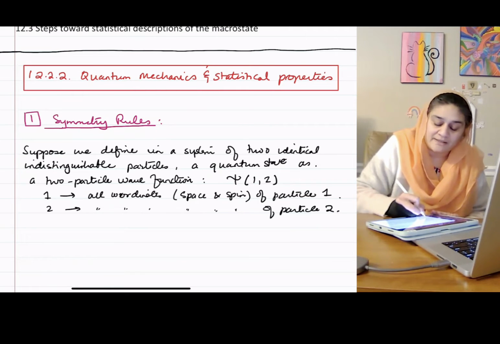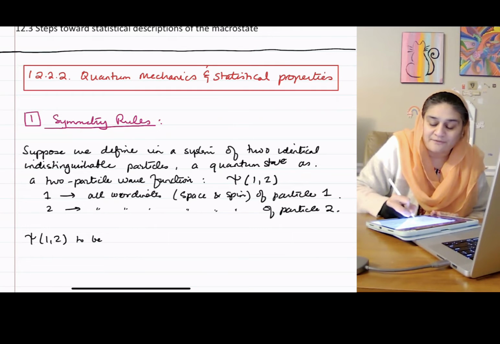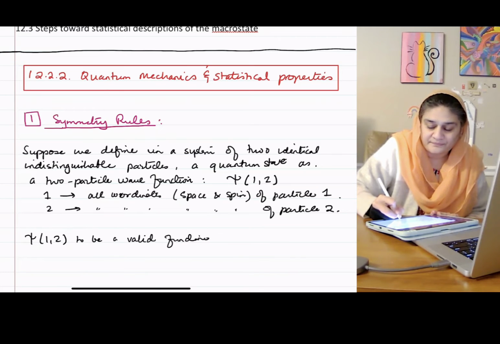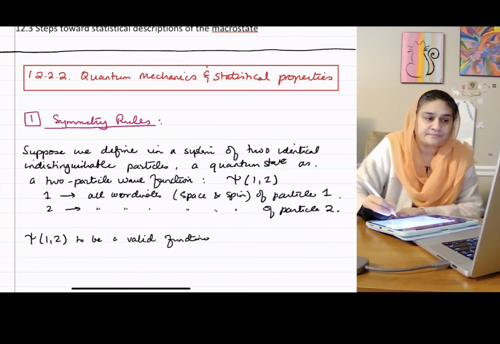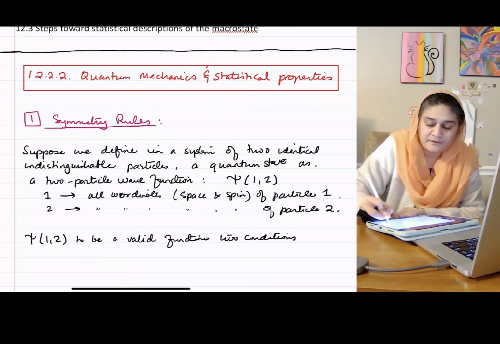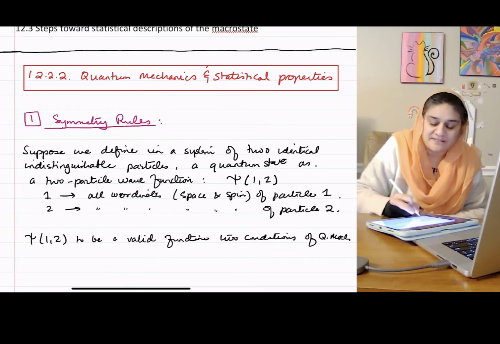And we say that in order for psi 1, 2 to be a valid function, two conditions of quantum mechanics must be satisfied.